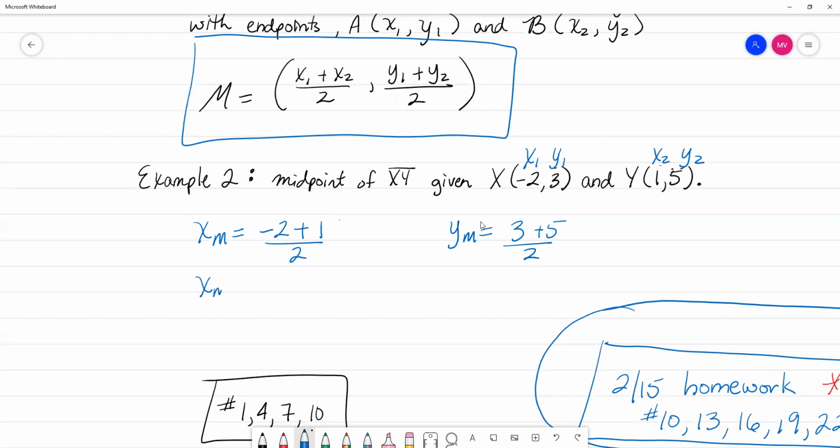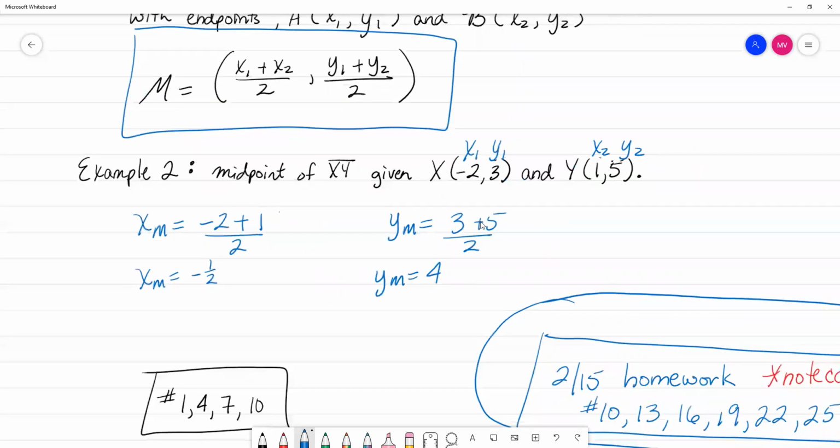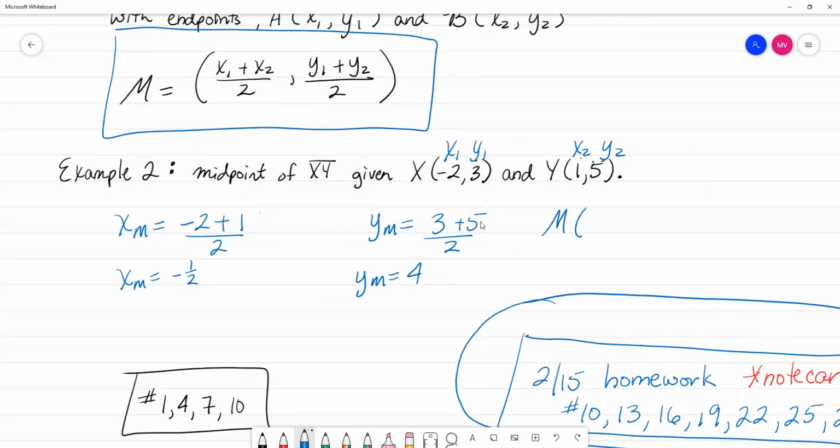So the x of the midpoint is -2 plus 1, which is -1, so this is -1/2. And the y is 3 plus 5, which is 8, and 8 divided by 2 is 4. So the midpoint coordinate is -1/2, comma 4. And that's a walkthrough of example 2.